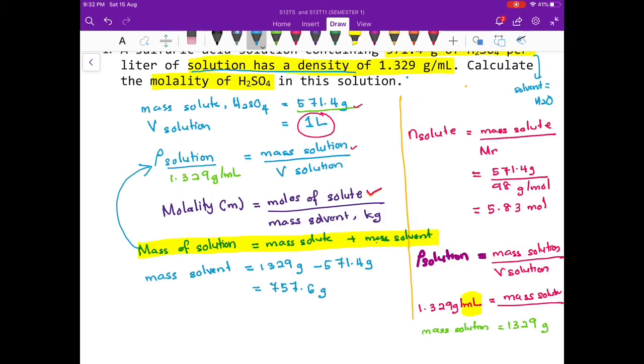Can you determine the molality now? We already have the mass of solvent. So now we can insert the values into the molality formula.